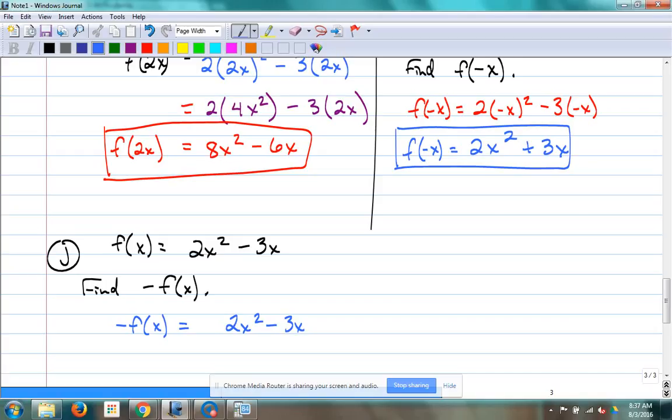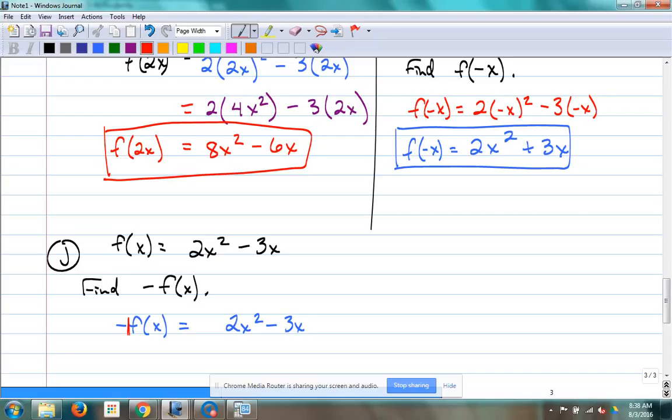It ends up giving you the same answer, but you're not trying to solve for f of x. You're trying to just do this operation. So when they put a negative in front, that's understood to be a negative 1 in front of f of x. So what that's telling me to do is take negative 1 and multiply it times that function.